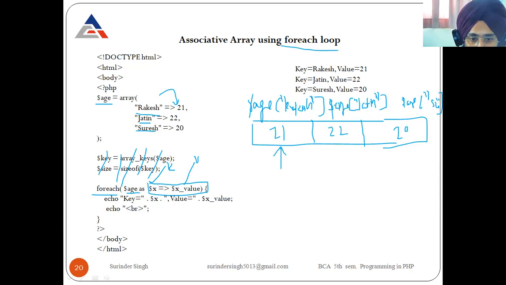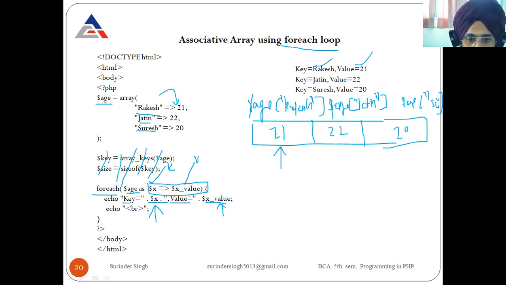Then the key Rakesh is passed to this x variable, and the value 21 is passed to this x value variable. Clear? Here we are printing the key, x will print Rakesh, and x value will print 21.